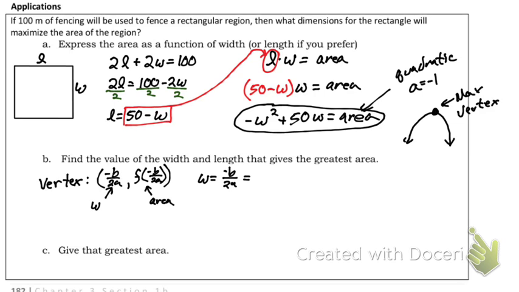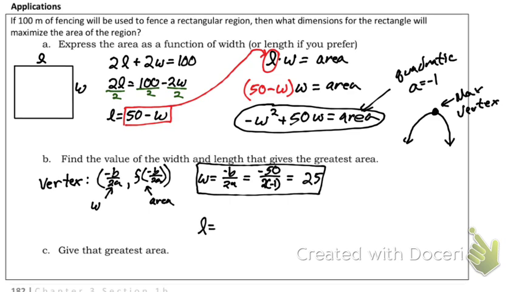Well, our b value is 50, so we'll have -50 over 2 times our a, which is -1, which is going to equal 25. In this problem, if I plug 25 in, I will get the maximum value out. Anything smaller, I'm going to get a smaller value. Anything bigger, I'm going to get a smaller value out as well. So 25 maximizes. My width is definitely going to be 25.